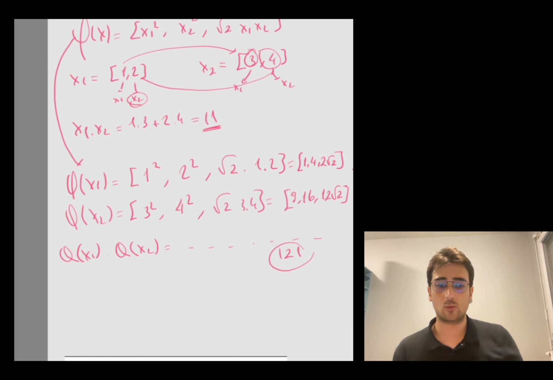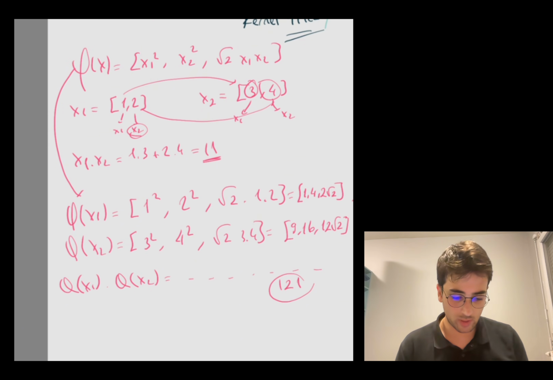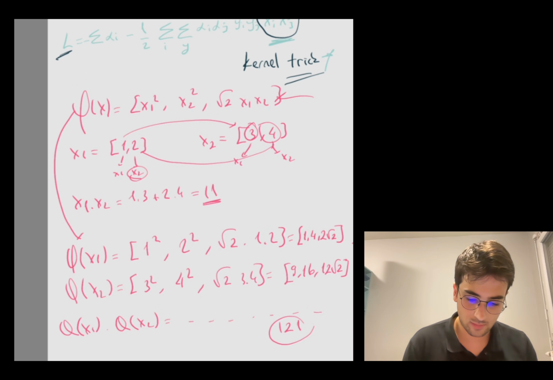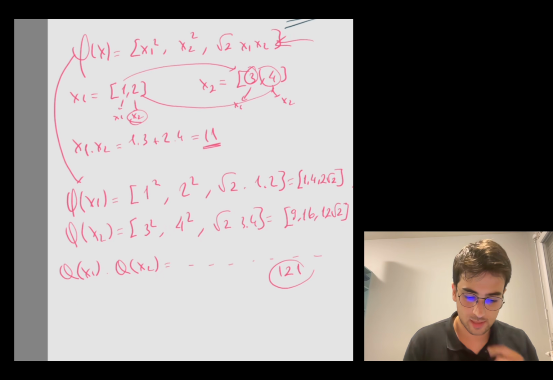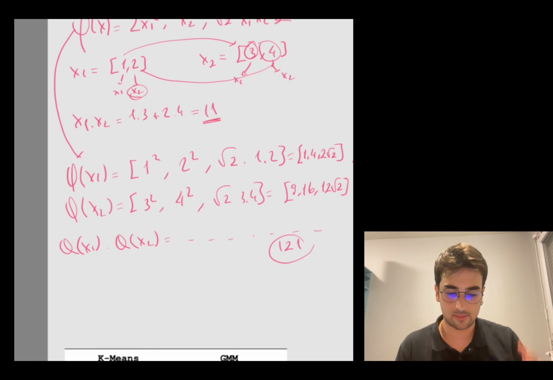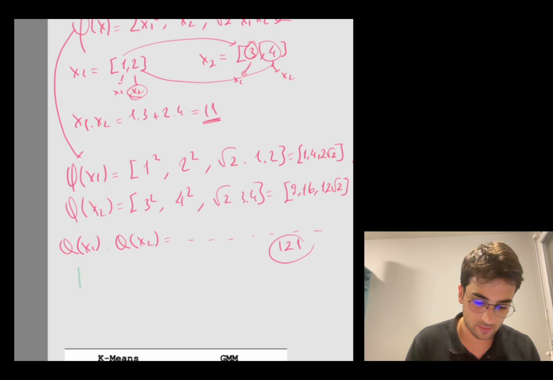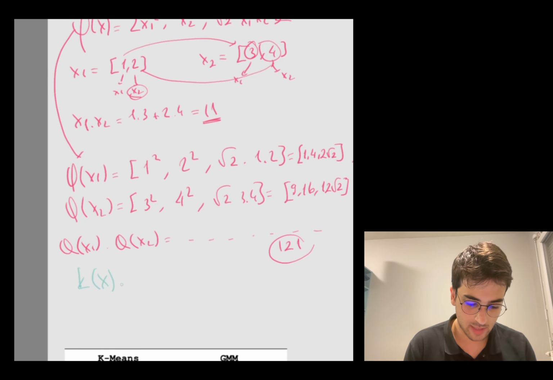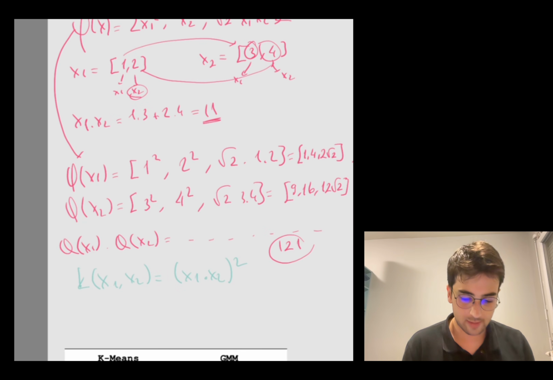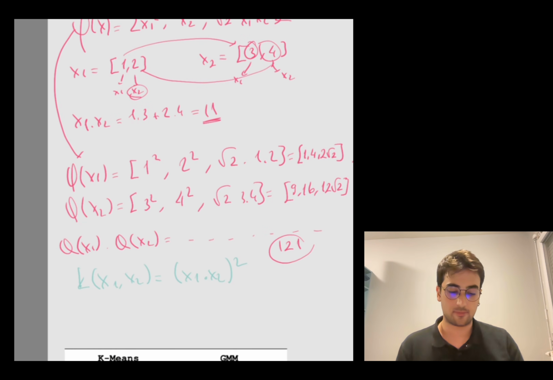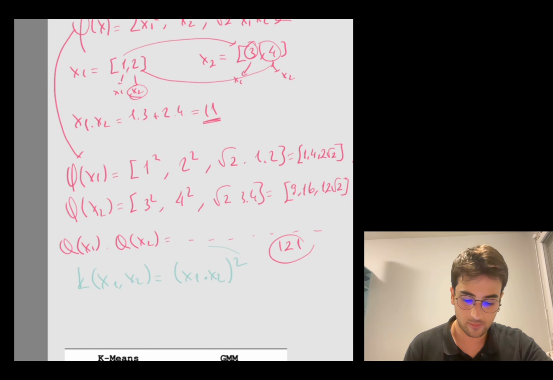Instead of doing that, what you can do is a projection only in the dot products. Let's say we have a kernel function of x1 and x2, and let's define it as the square of x1 times x2, which is a polynomial kernel, by the way. It's a famous polynomial kernel function.